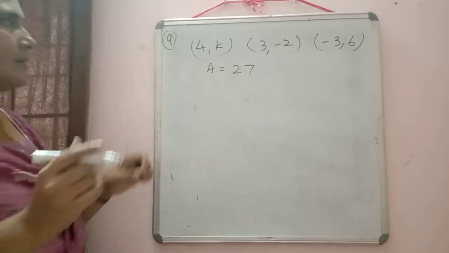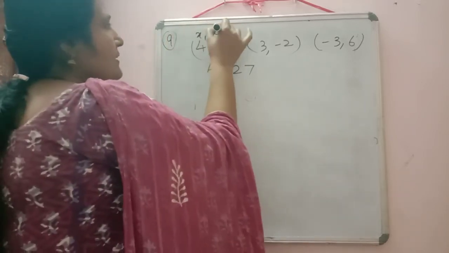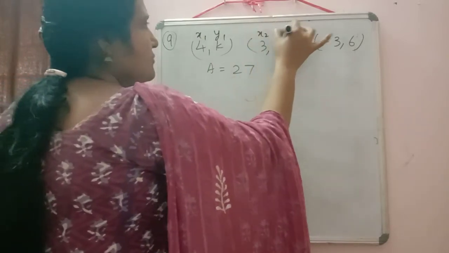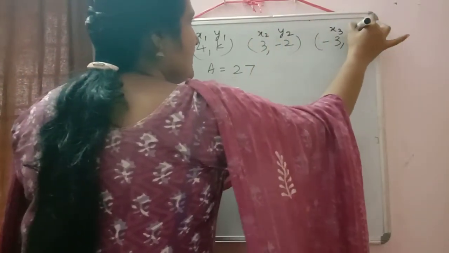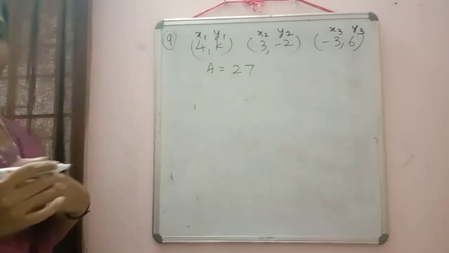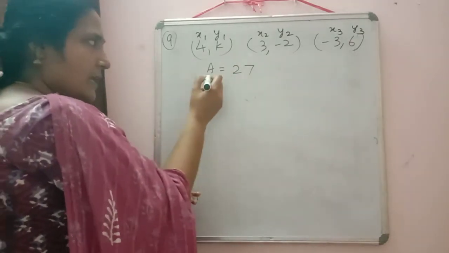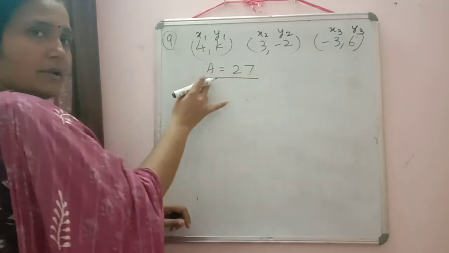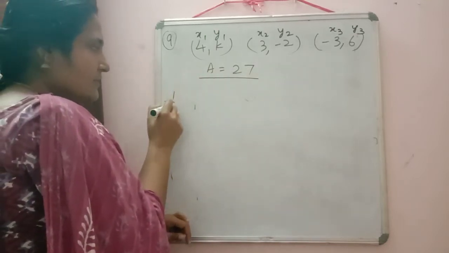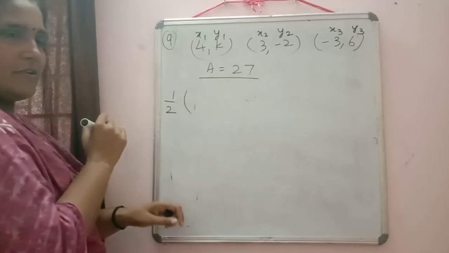Here we can write this as x1 comma y1, x2 comma y2, x3 comma y3. Now, the concept: we will write the formula. According to our assumption, what is the formula for area? Half into x1.